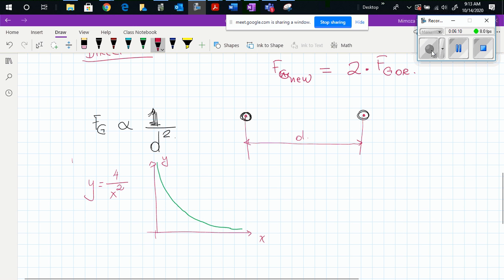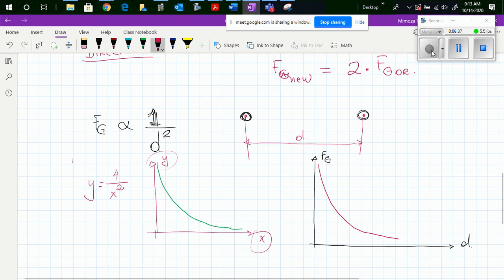Okay, so now in our case, because here we have x and y as the axes, what we will see will be something like this. Force of gravity is on the vertical axis, and the distance between the two centers of the objects is on the horizontal axis, and as the graph, you will see something like this.